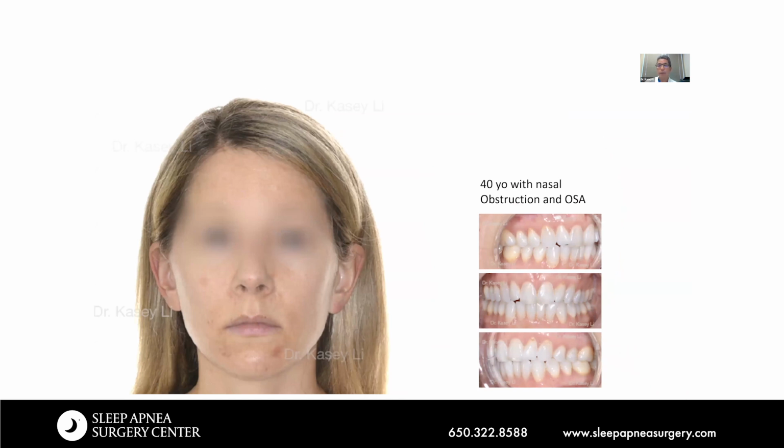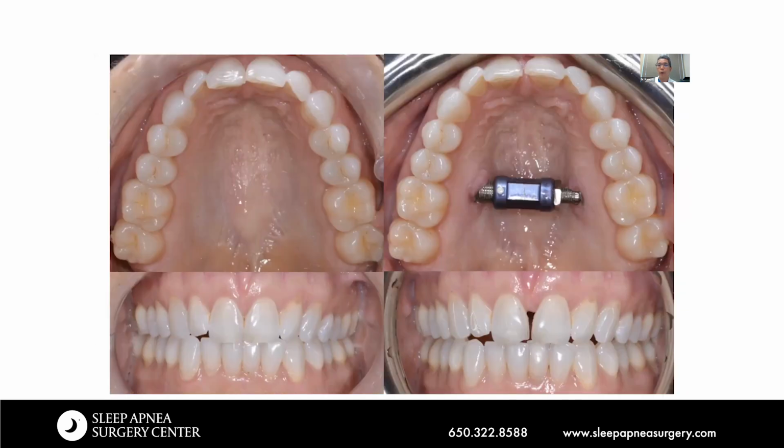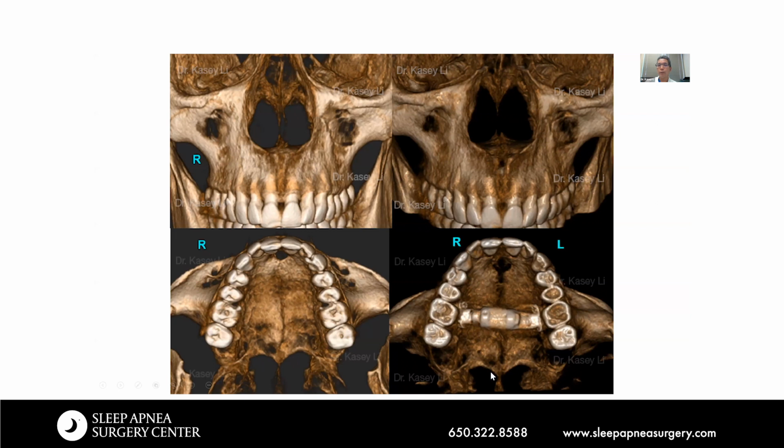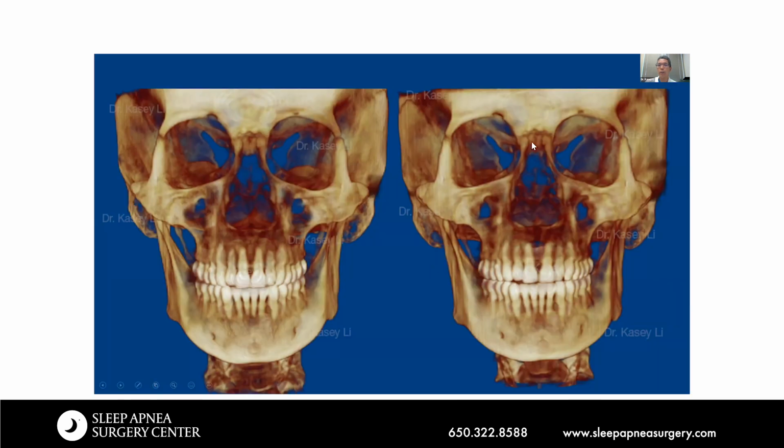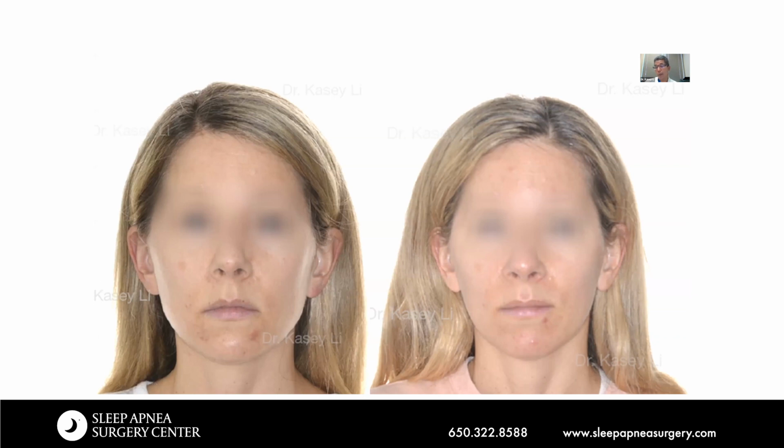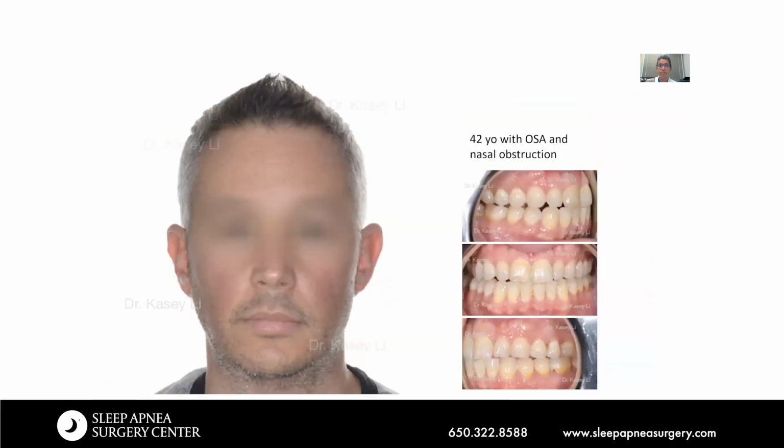I treat a lot of women. She always had problems breathing through her nose and was diagnosed with sleep apnea. Whole family has sleep apnea. She was expanded. You can see bony expansion without destruction of the dentoalveolar or the teeth. Breathing, sleeping much better. And I'm currently treating her husband.